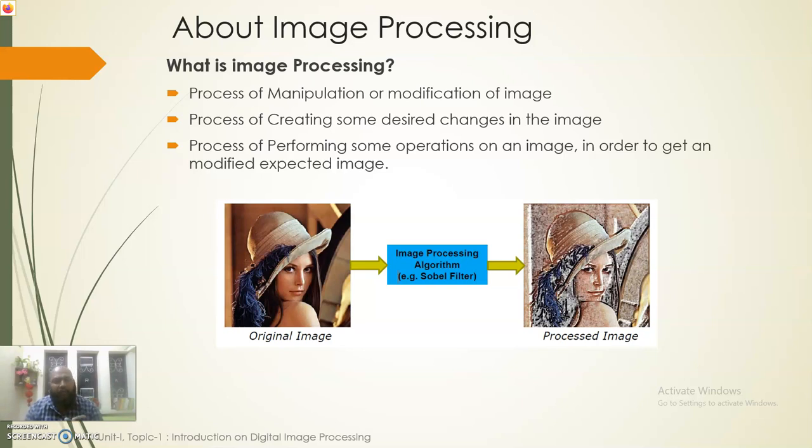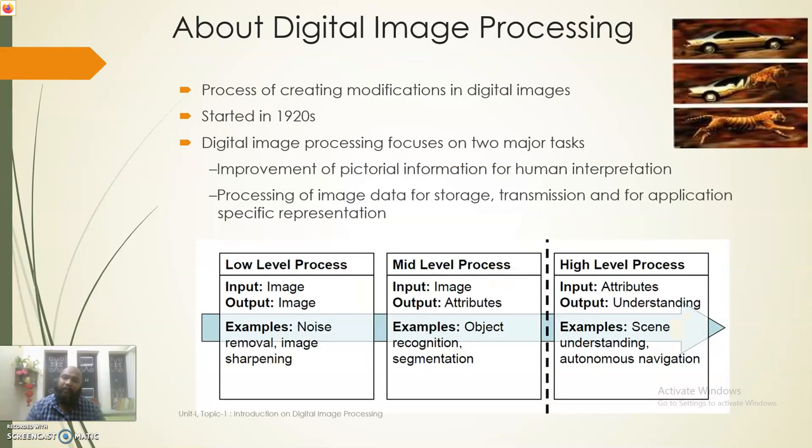So I think now we have an understanding of what is image, what is digital image, what is image processing. With this knowledge, we can define what is digital image processing.